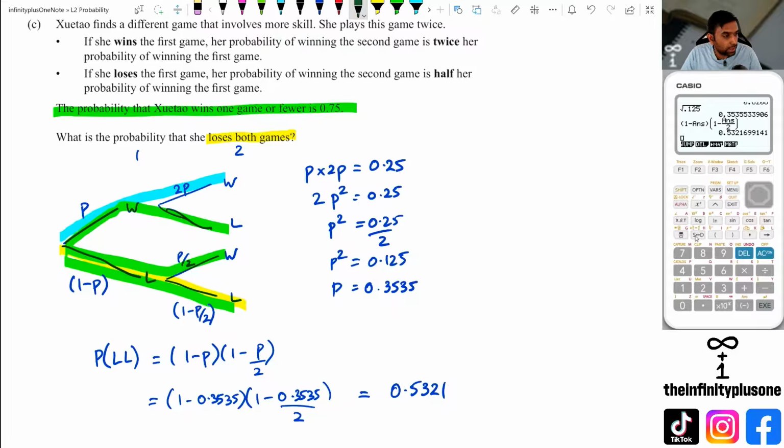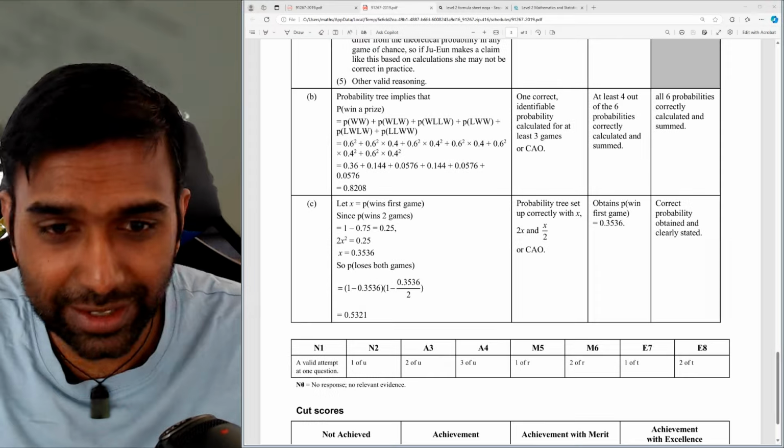So grades wise, probability tree set up correctly with x or 2x and x over 2, which we've done. That's going to be achieved. Getting 0.3536 is a merit, and the final answer is actually worth an excellence. Love these types of questions, I'm not going to lie.